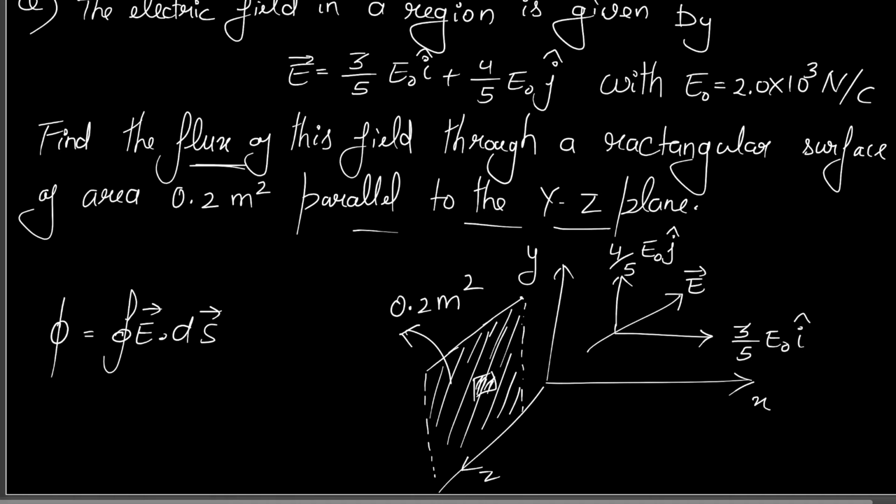Because it is in the YZ plane, what is the direction of the area element? It is basically perpendicular to this surface. Then the perpendicular direction is x cap. Remember it, because ds vector is in the x cap direction.